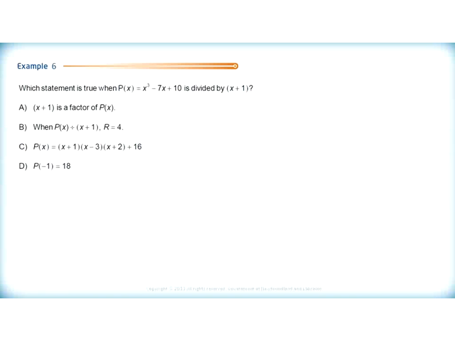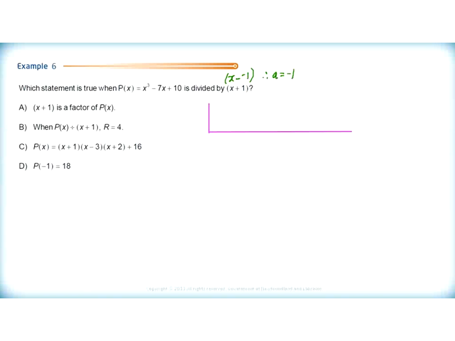Which statement is true when P of x equals x cubed minus 7x plus 10 is divided by x plus 1? In this case, I would set this up using synthetic division. In front of the box, I would record x plus 1 as x minus a negative 1, where a is equal to negative 1 again.